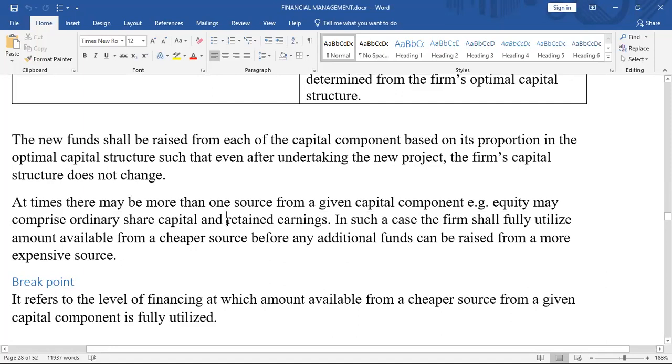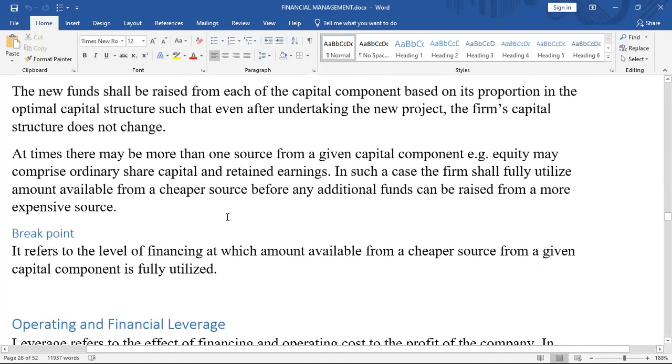That challenge normally comes with equity, which comprises the ordinary share capital and retained earnings. In such a case, the firm shall fully utilize the amount available from a cheaper source before any additional funds can be raised from a more expensive source. That concept, you shall understand when we are doing an illustration.